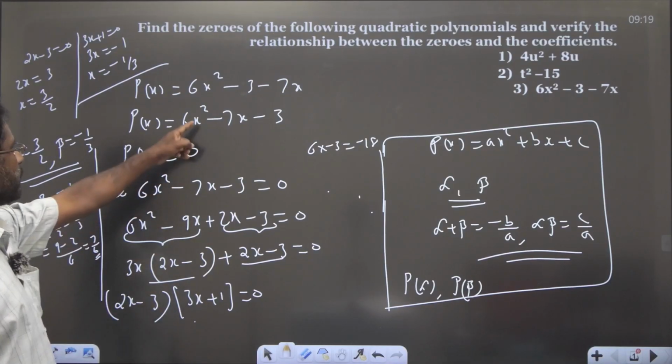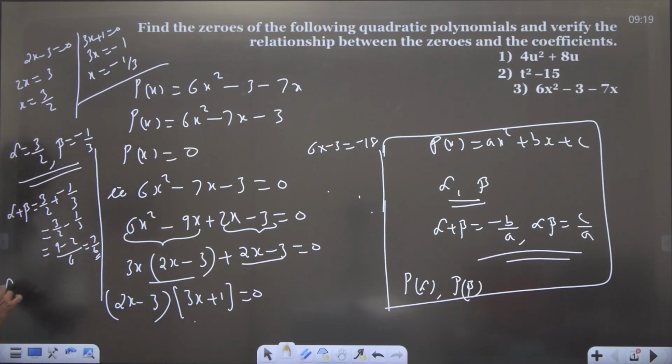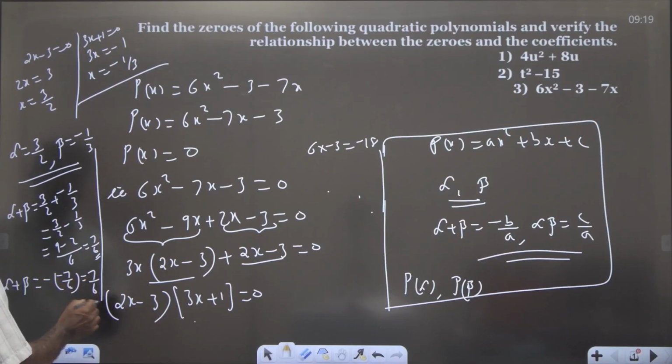Directly we can also find it from minus b by a, which is minus of minus 7 by 6, that is also 7 by 6. So our answer is correct.